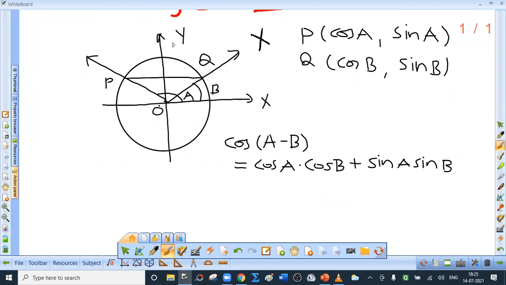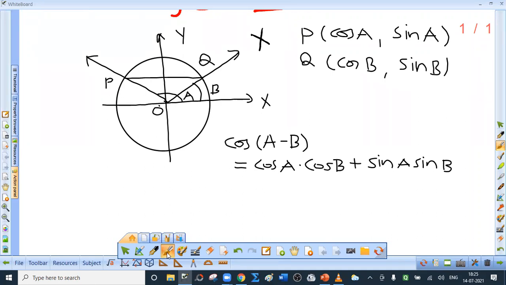I'm not showing the position of the y-axis because we do not use that to find coordinates or for any other things, right? But yes, the angle between the two axes remains 90 degrees. Okay. Now, because of this, you will notice that the positions of P and Q are not changed. P and Q have the same positions, so the distance between them will not change.